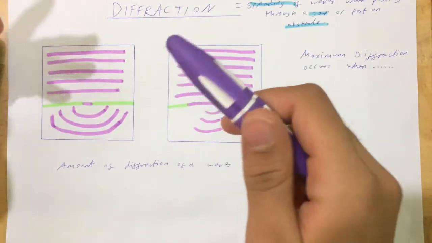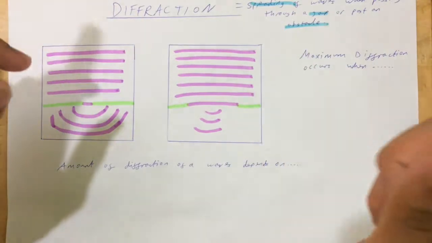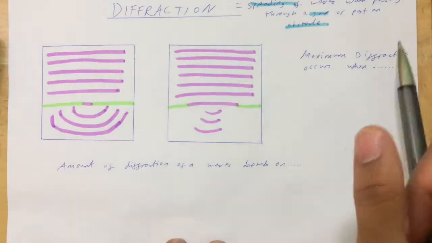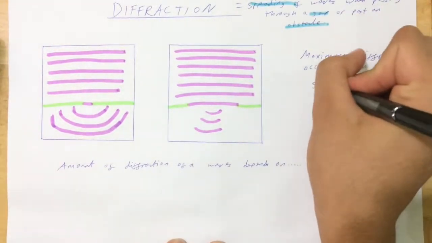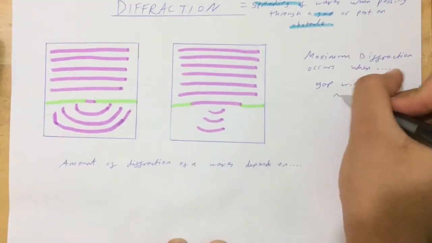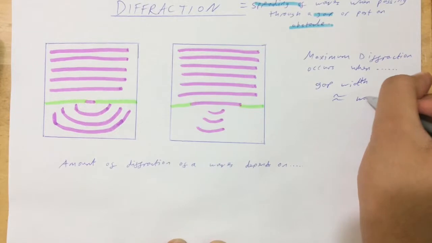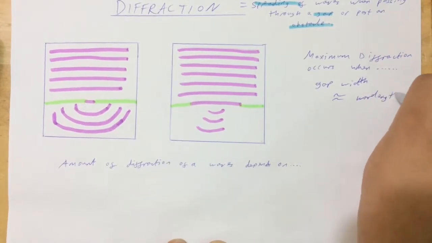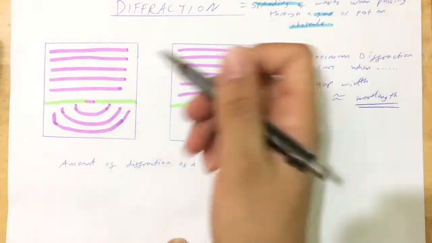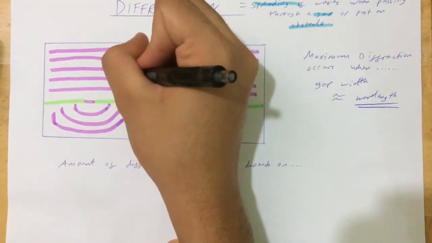The smaller the gap, the bigger the diffraction, right? No, that is not correct. The maximum diffraction occurs when the gap width is similar to the wavelength. Wavelength is the key word here. Look at the wavelength of this wave.